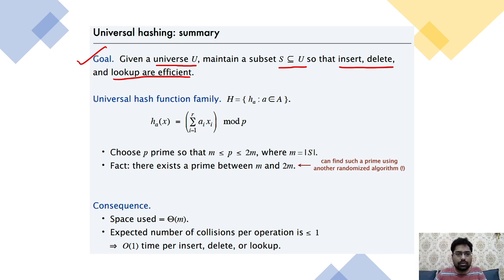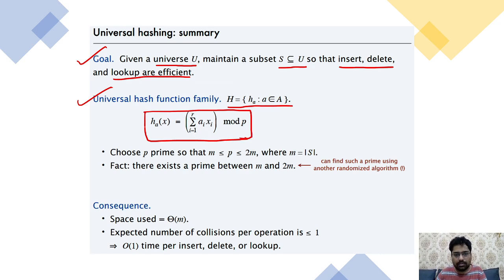Okay, so the universal hash function family can be designed using this method, and choose the prime number, which I told you, that should be in between m and 2m, where m is the number of keys. But it depends on the content, as I told you, p should be greater than m.